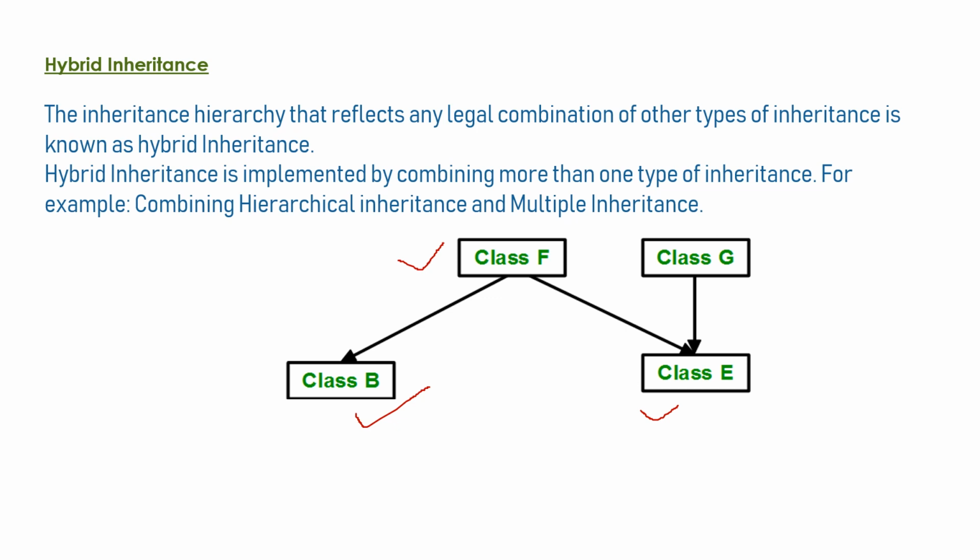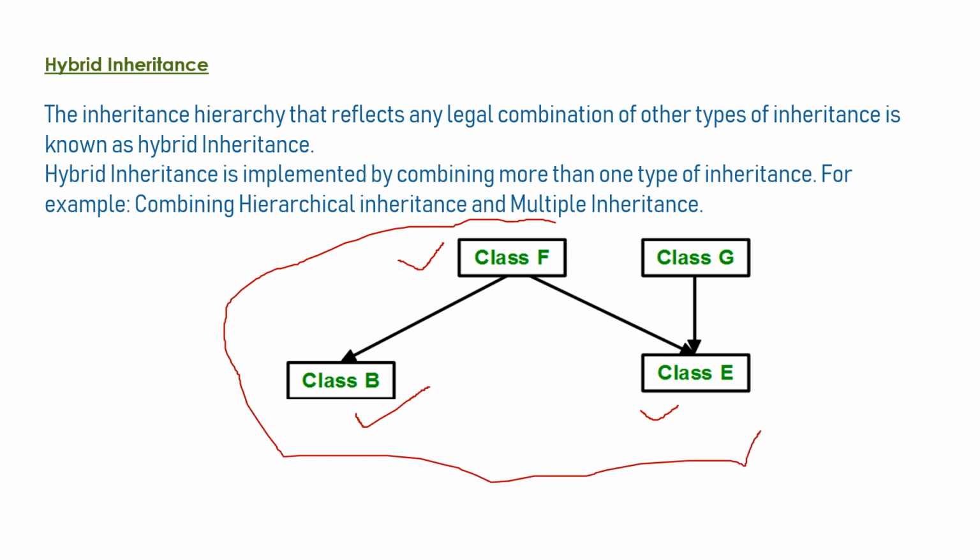If we see this class F, B and E, then we can see that it is forming the concept of hierarchical inheritance, as in the previous class we have seen the same way. So if we just neglect or don't look at this class G, then this structure we have seen in hierarchical inheritance.